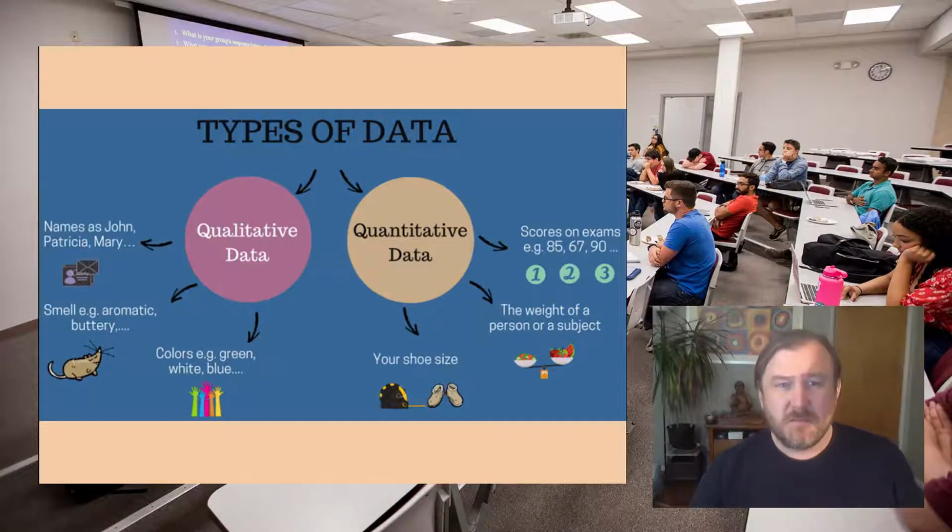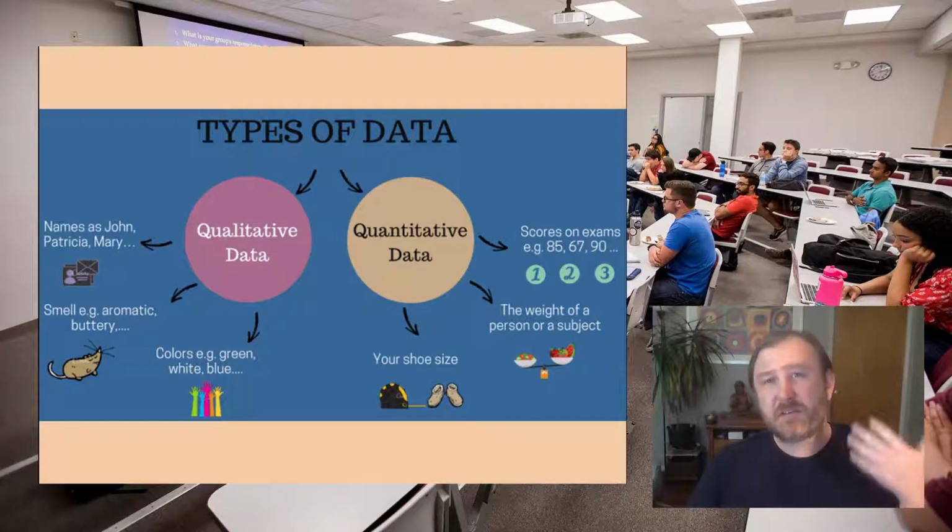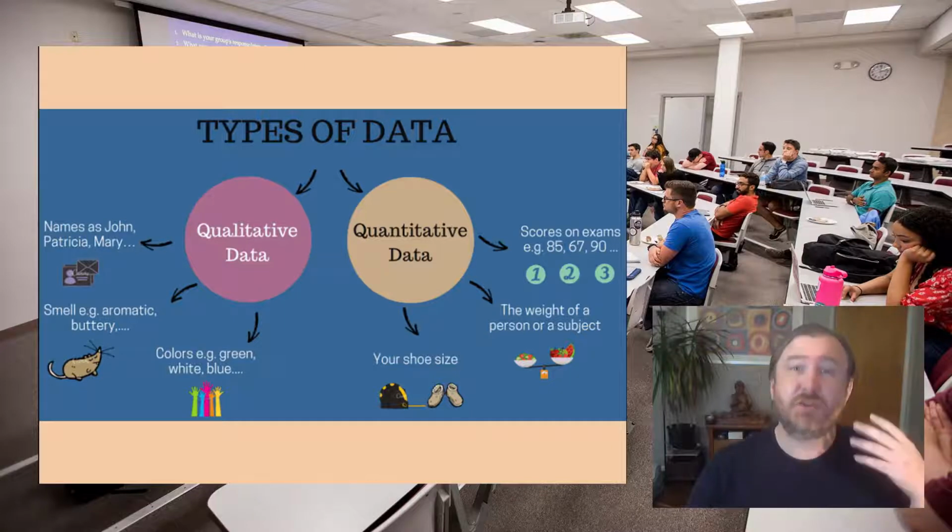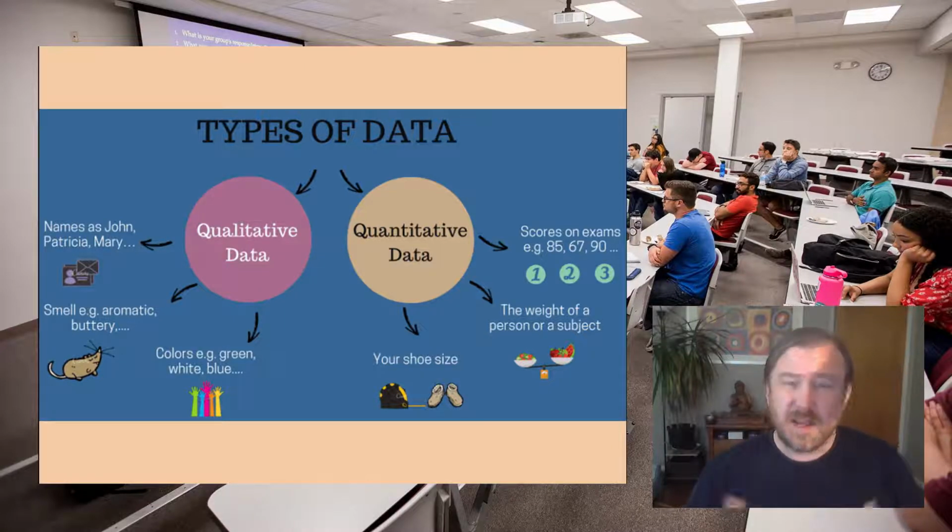So here are some additional examples. Quantitative data might be your score on an exam, the weight of a person, the shoe size of a person. We can do math on this. Qualitative data might be assigning a 1 to John, a 2 to Patricia, a 3 to Mary.